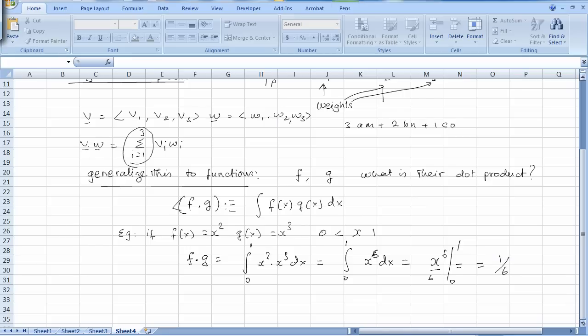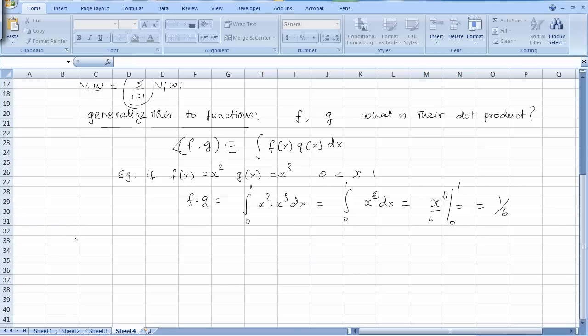Okay, and of course, two vectors are said to be orthogonal if their dot product is 0.